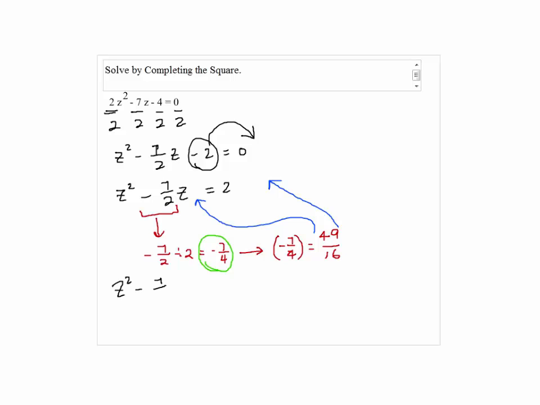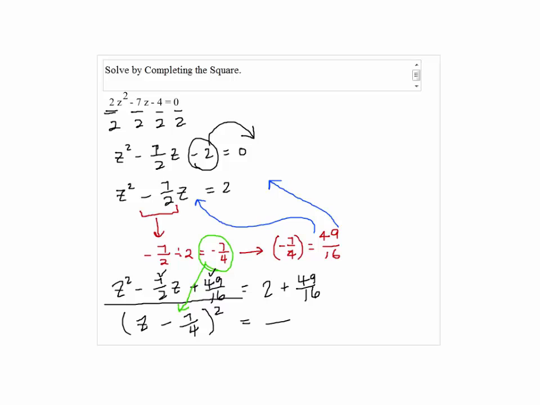So we have z squared minus 7 halves z plus 49 over 16 equals 2 plus 49 over 16. To complete the square, basically you can factor a trinomial, but since we have fractions, it will be a little bit tricky. So to make our factoring easier, you just copy down the half of b we just found, which is negative 7/4, inside the parentheses, and we square it, and that will be the answer.